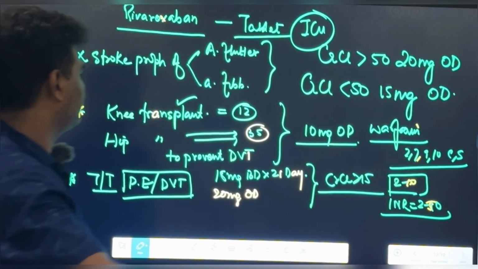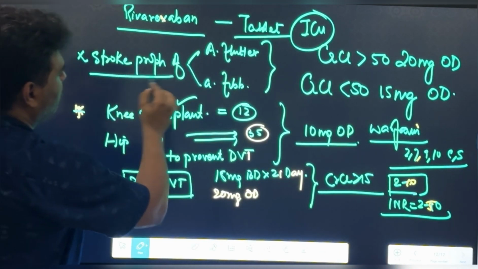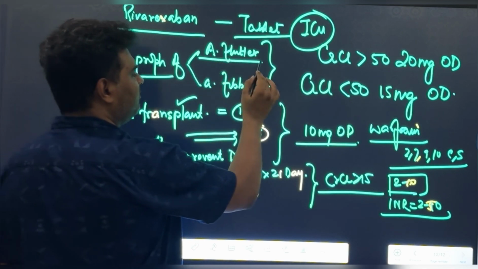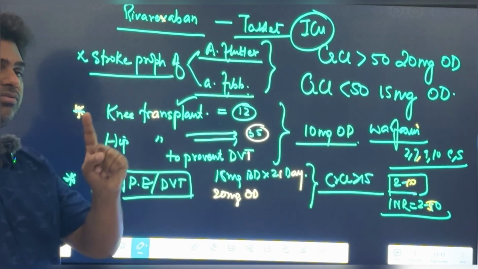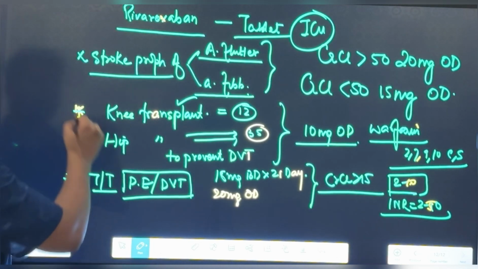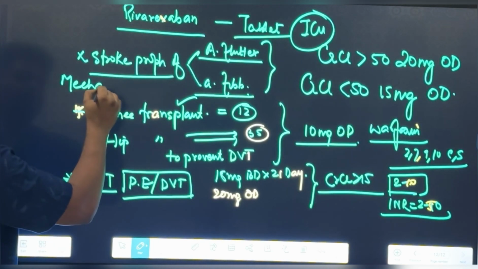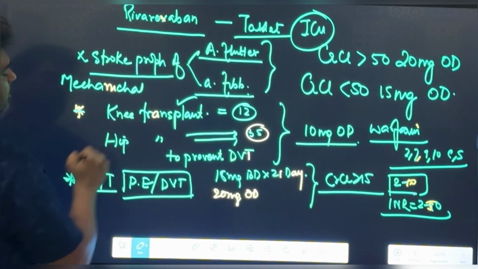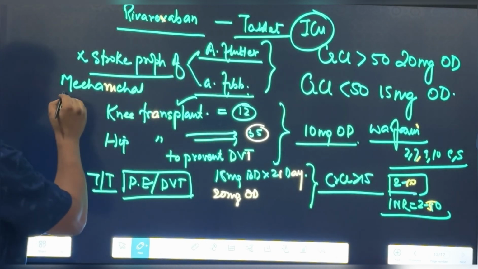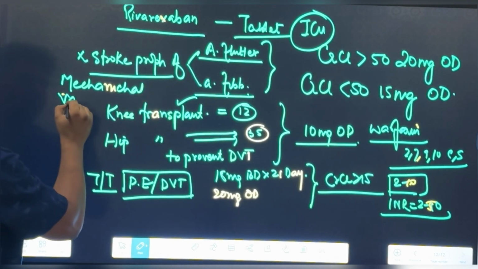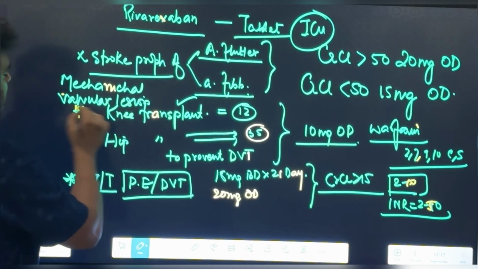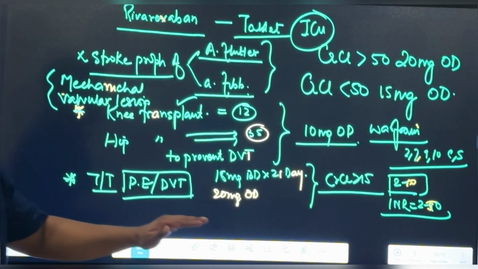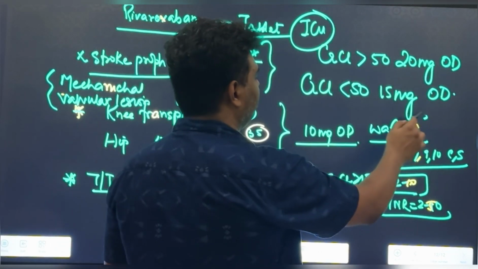Please remember, if you are giving stroke prophylaxis in cases of atrial flutter or atrial fibrillation, and there is a mechanical valve or there is a valvular lesion, then the only drug which is approved is warfarin.